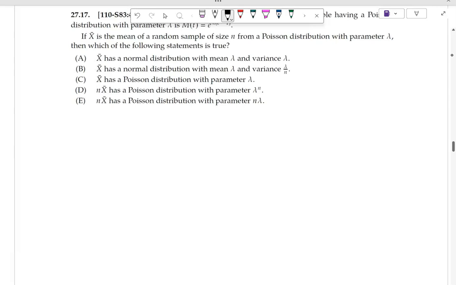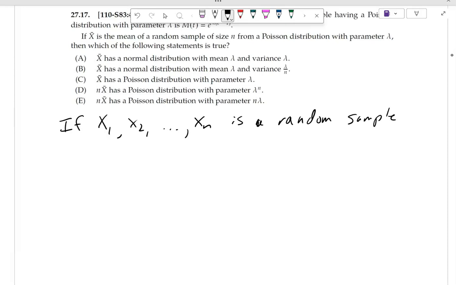So in this case, if your x1, x2 out to xn is a random sample, that means that all of your x sub i's there are independent, and they're all coming from the same distribution. When we say random sample, that's what we're assuming.